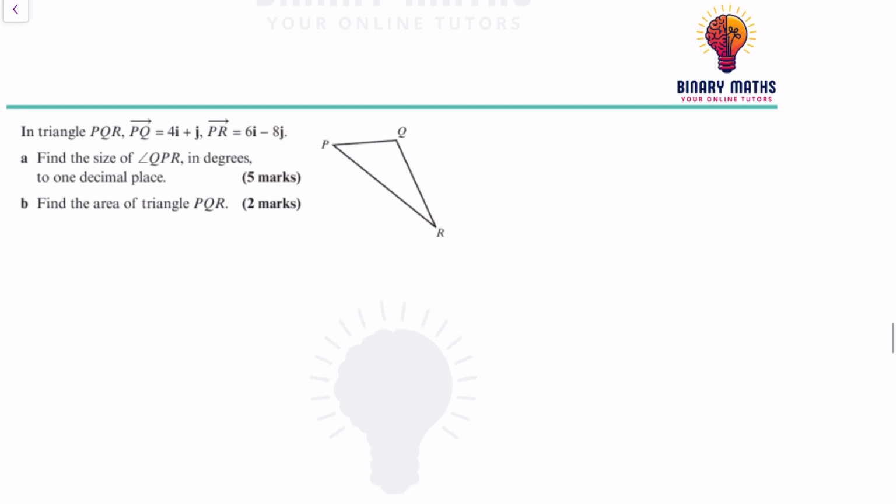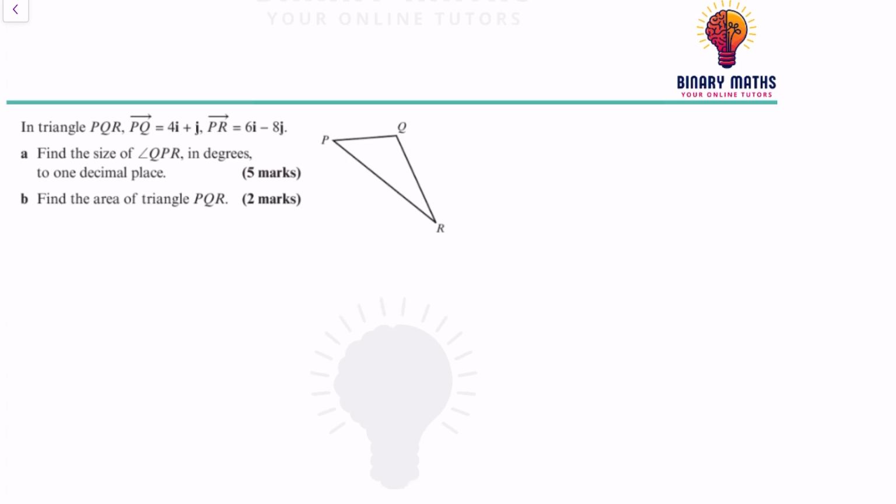In a triangle PQR, PQ is equal to 4i plus j, so that is 4, 1, and PR is equal to 6i minus 8j. A, find the size of angle QPR, so this angle x, in degrees to 1 decimal place. So first thing we need to do is work out the magnitude of all this.